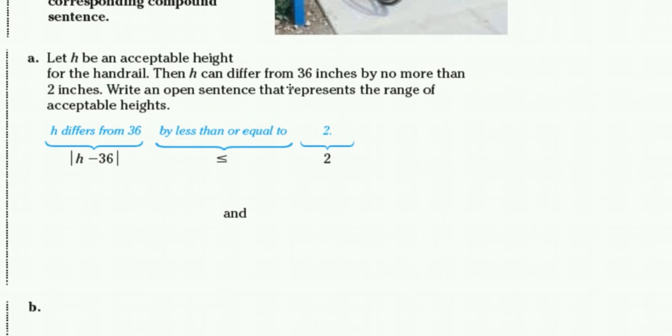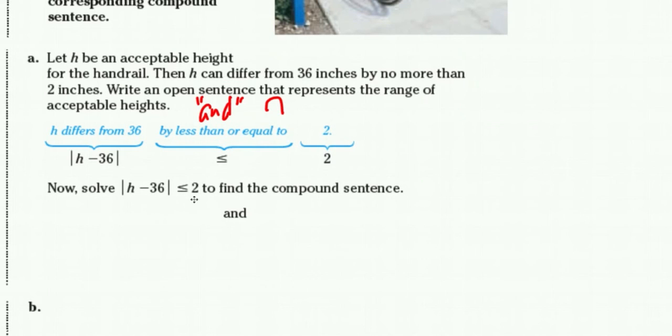You know that this is a less than or equal to inequality, and the word and is involved here. That means it is the intersection of both graphs. So let's look at the two scenarios, to solve the absolute value of h minus 36 less than or equal to 2.